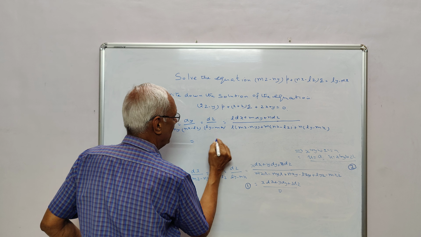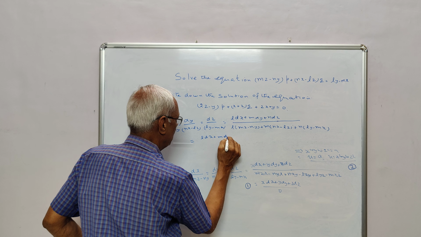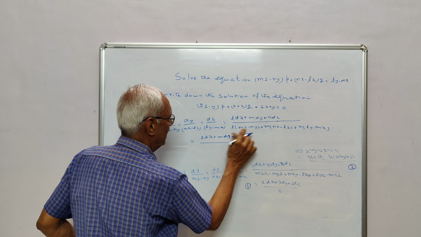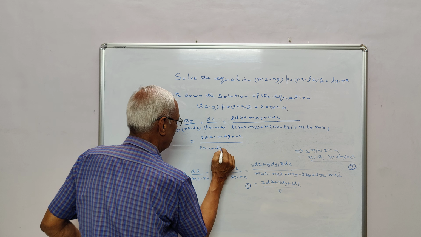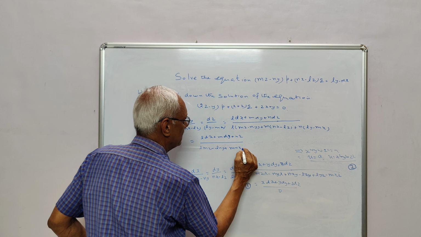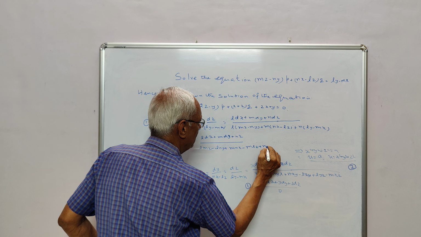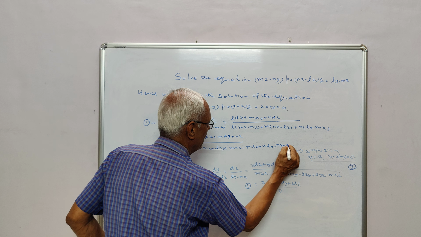So this is nothing but l dx plus m dy plus n dz divided by l m z minus l n y plus m n x minus m l z plus n l y minus n m x.